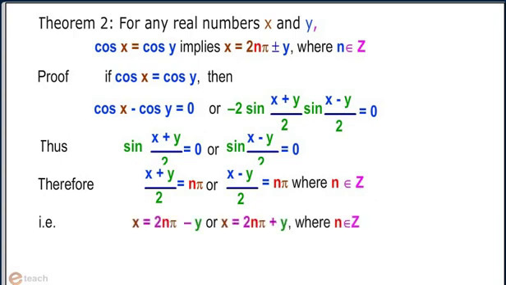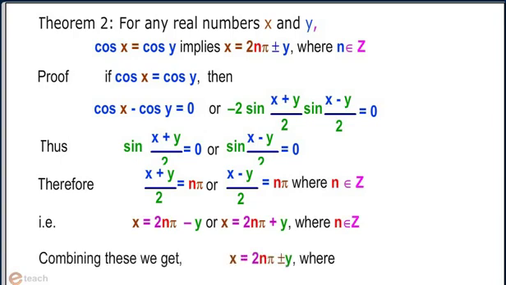That is, x equals 2n pi minus y, or x equals 2n pi plus y. We get x equals 2n pi plus minus y, where n is an integer.